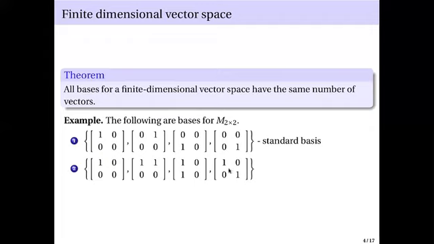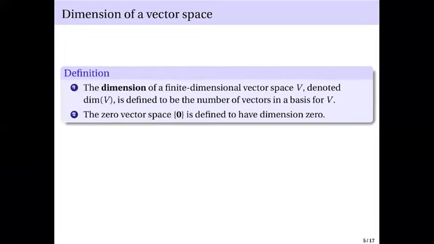Now, since the number of elements in a basis of a vector space is always the same, we must give a name for that. So here we define the dimension of a finite dimensional vector space.